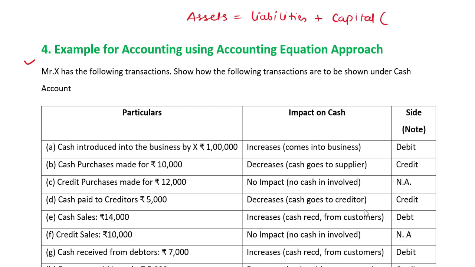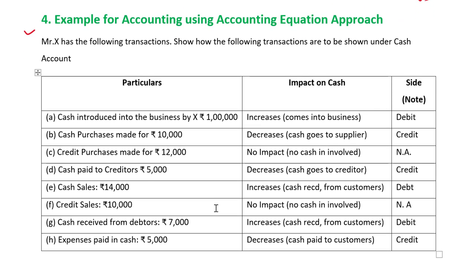It is also known as equity. So just see it over here. Mr. X has the following transactions. Show how the following transactions are to be shown under the cash account. It is very crucial. Cash account. How we will record it into the cash account. What impact on cash needs to be recorded.